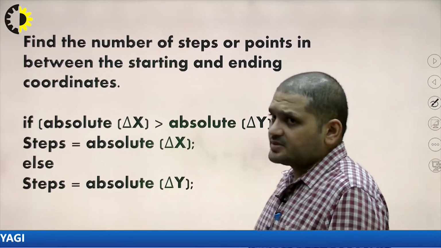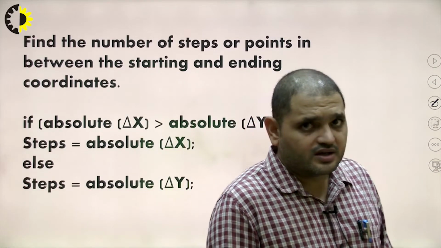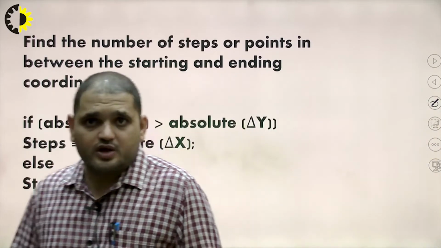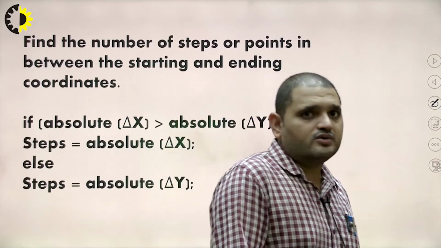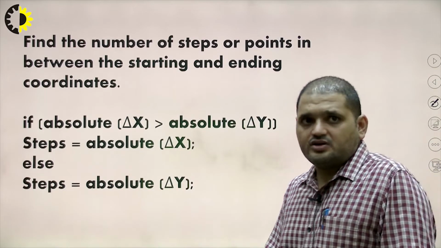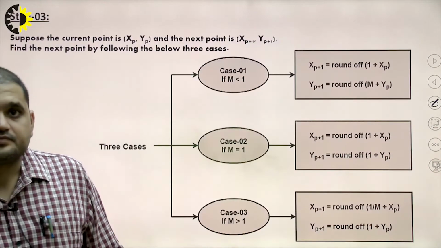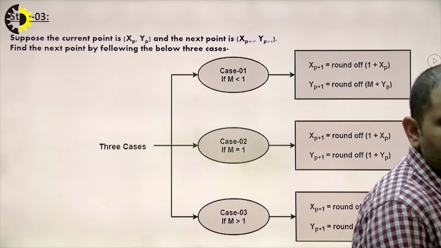If absolute del x is greater than absolute del y, then steps will equal absolute del x, else the number of steps will be absolute del y. Depending on which one is greater, del x or del y, that will be taken as the number of steps.